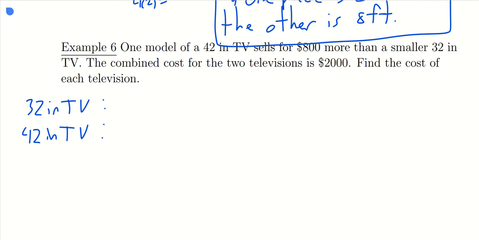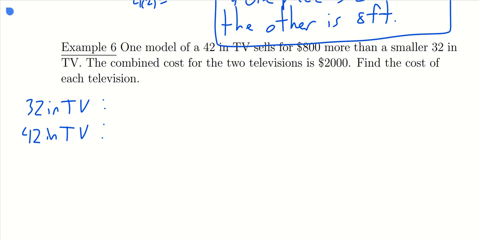The easiest way to do this is we obviously want to start off by, we don't know the cost of either one, so we want to let X be the price of one of the two TVs. It's always best in a word problem like this, whenever they compare the price of one to the other, to let the variable be the one that everything is being compared to.